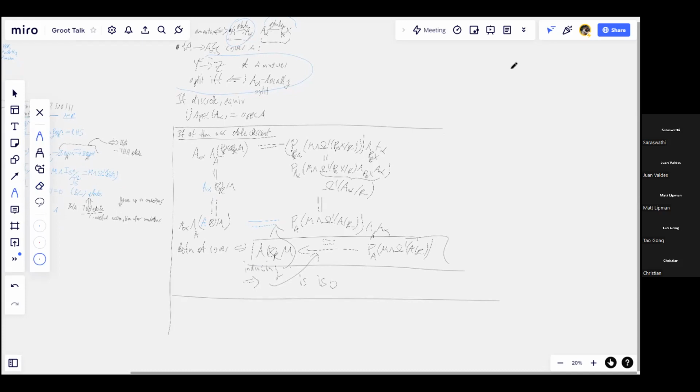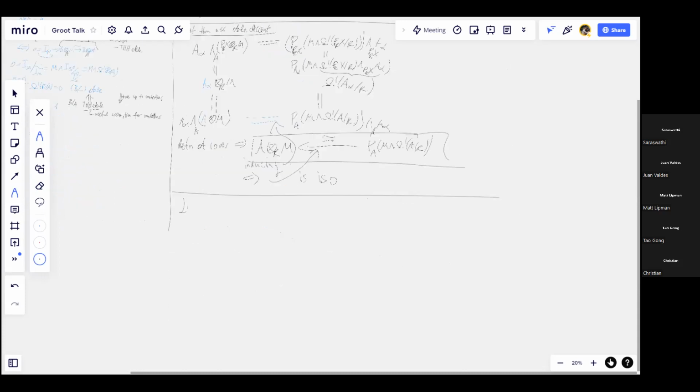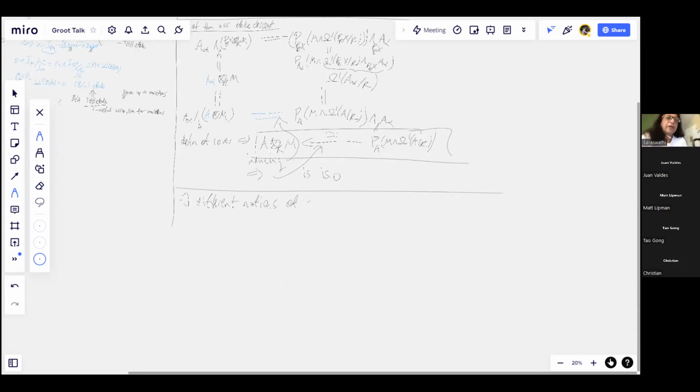So there are different notions of covers for E-infinity rings and étale maps. And each definition of a cover is subordinate to your definition of an étale map.